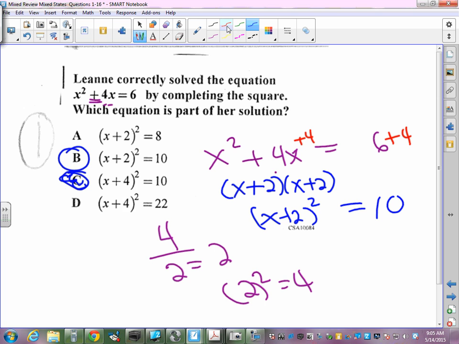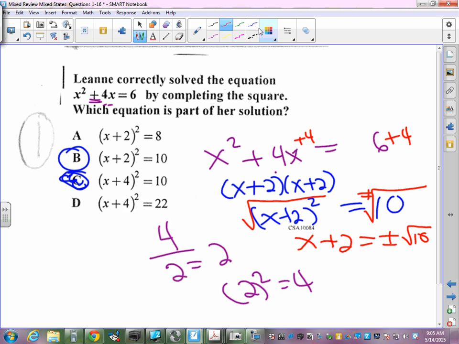Now on your EOC, you may have to go a little further. They may ask you to completely solve it. So what would you do here to solve for x? You would square root that side, and you have to put plus and minus. So it gives you x plus 2 equals plus and minus the square root of 10.